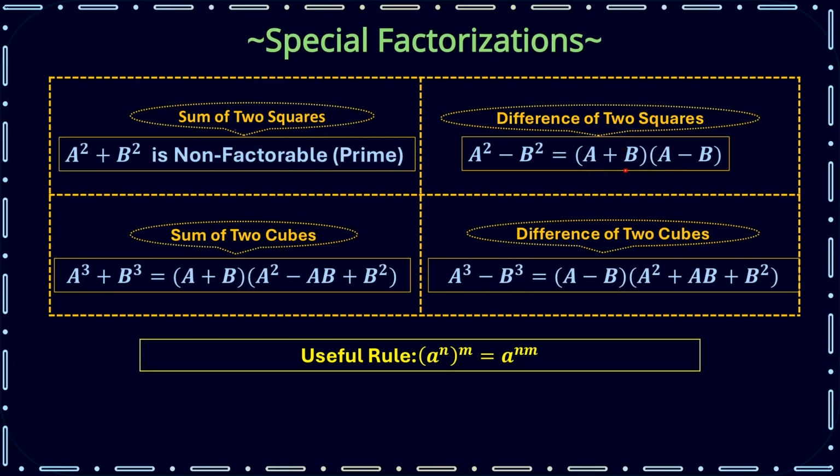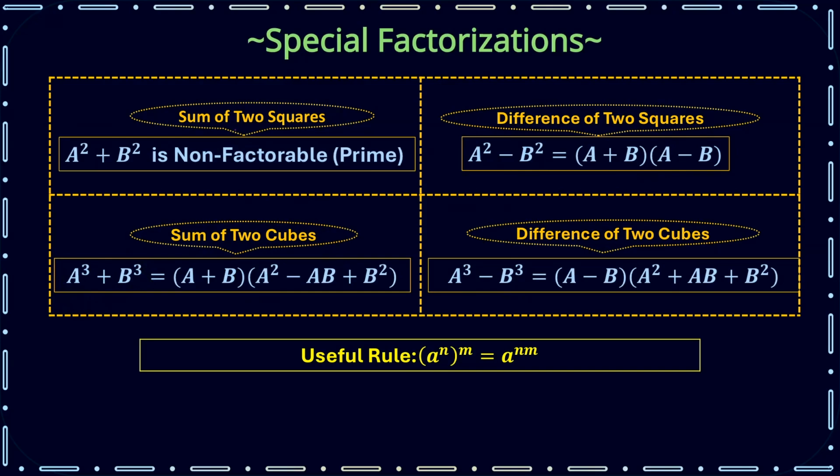And then we have b times negative b resulting in negative b squared. You can check the sum of two cubes and the difference of two cubes by performing a distribution of the right-hand side to get what we have on the left-hand side.